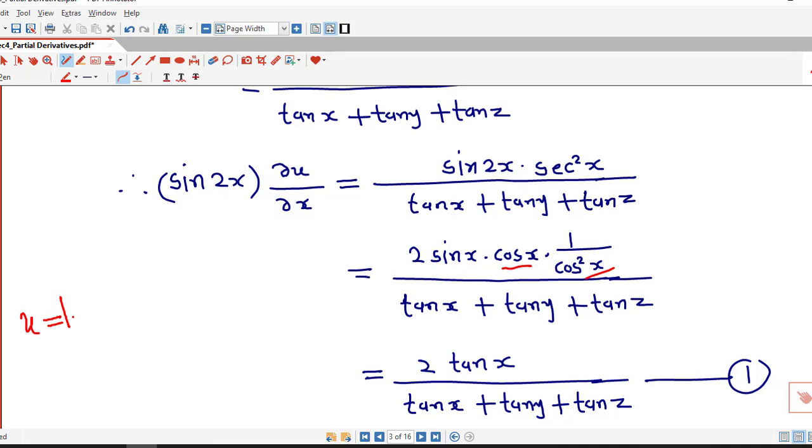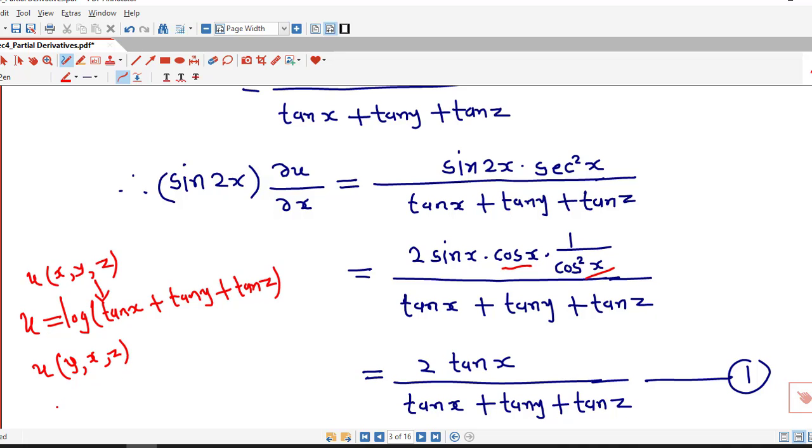Now here our function is log of 10x plus 10y plus 10z. Now if we interchange role of x, y, z, here u of x, y, z is this. Now if we interchange role of x, y, z, suppose we interchange x and y, then we have log of 10y plus 10x plus 10z, which is nothing but u of x, y, z.